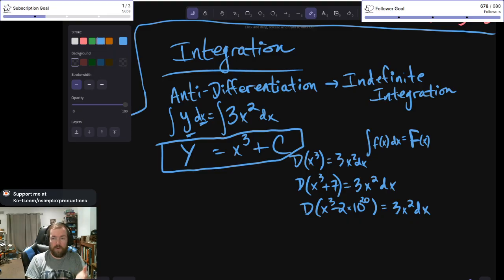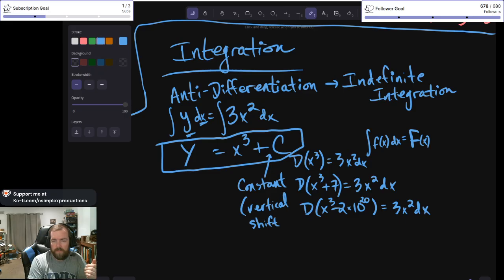Like our y got capitalized, so our constant is now just going to be a capital C. It doesn't really matter as long as you know that this has to be some sort of constant or vertical shift. Because again, we can shift that function up and down as much as we want, and it does not affect what its derivative was.